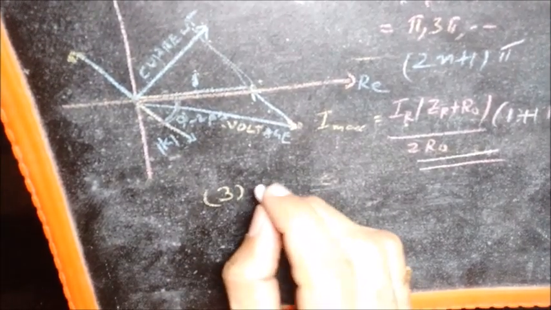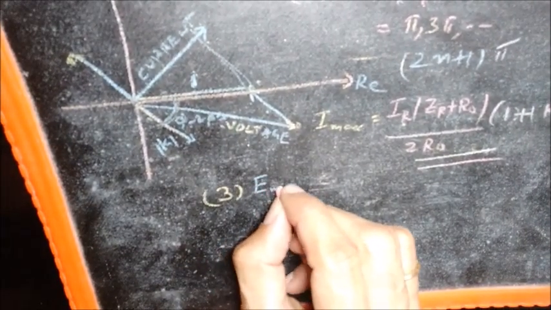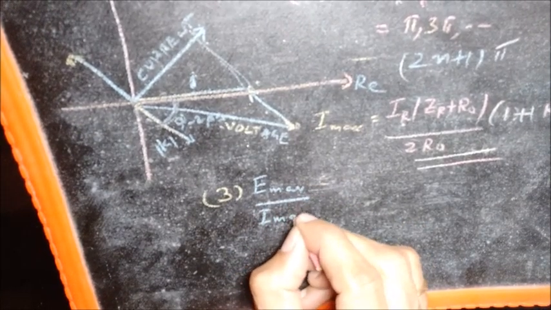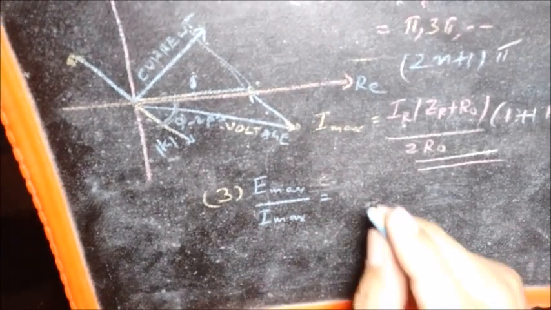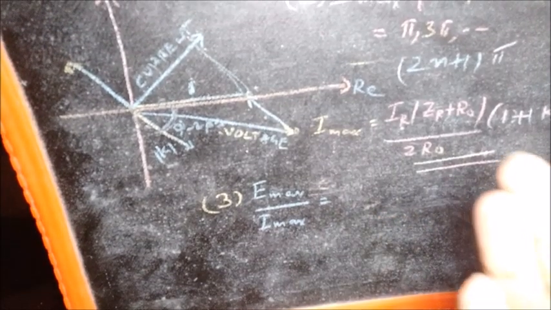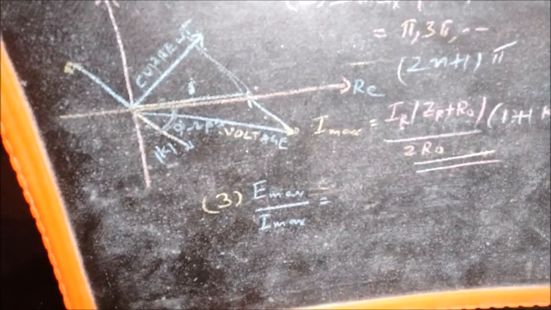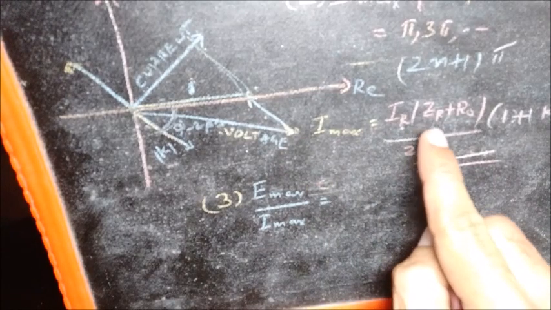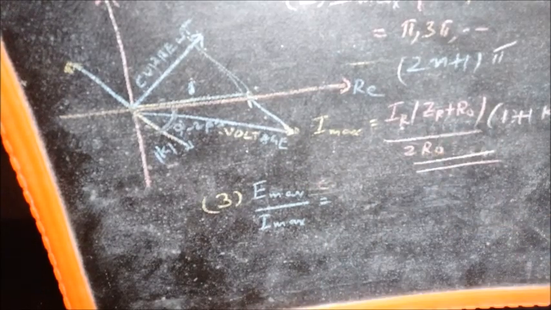This gives us the ratio Emax by Imax. I wrote the Emax expression earlier. If you recall, it is IR magnitude of ZR plus R naught divided by 2.